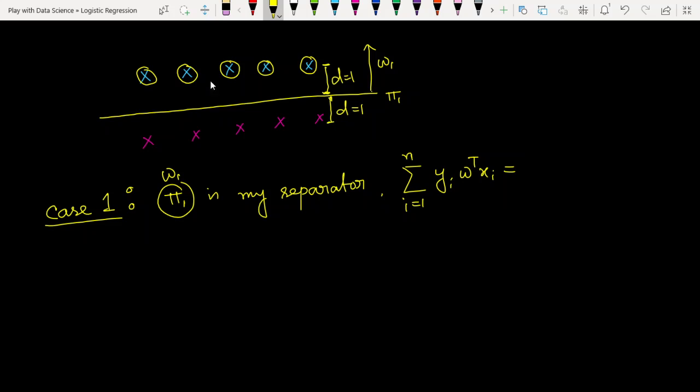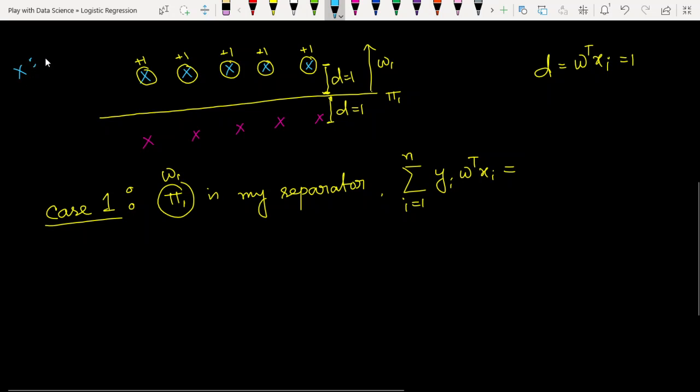If it is correctly classified, that is d, and we know d is w transpose xi, and for all points it is 1, and it is correctly classified, so the multiplication is equal to 1, and we denote this as plus 1, plus 1, plus 1, plus 1, plus 1. So first we write down that it is equal to plus 1, and for the pink color we denote it as minus 1.